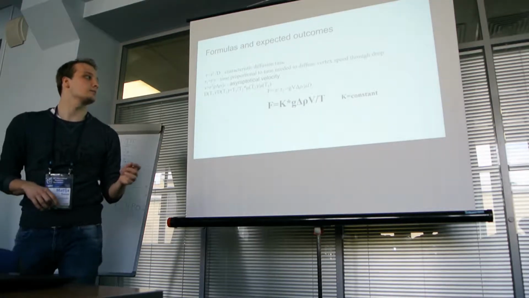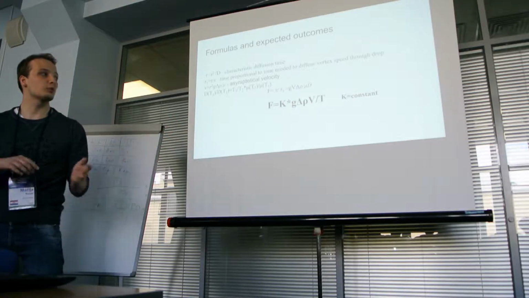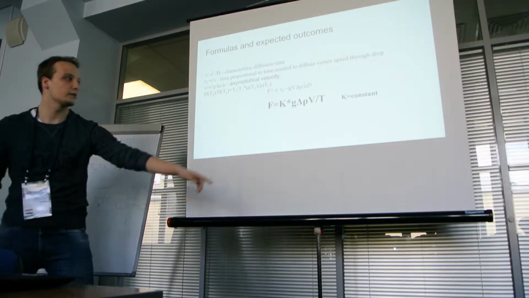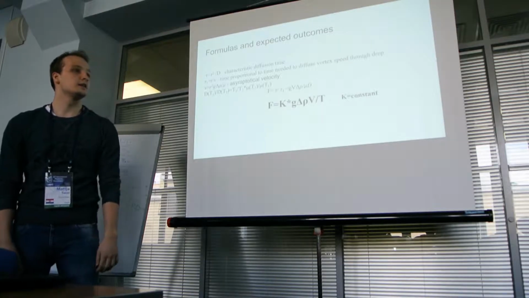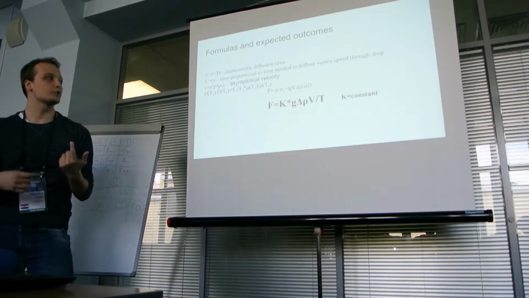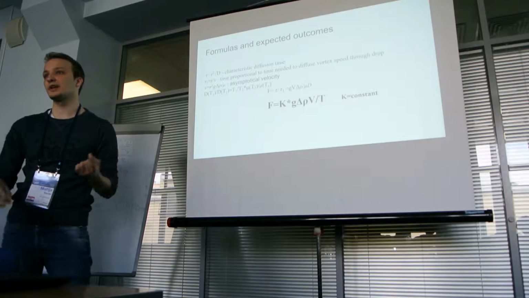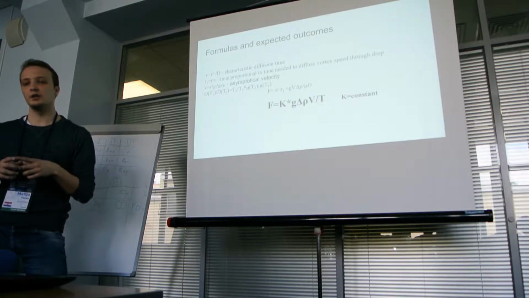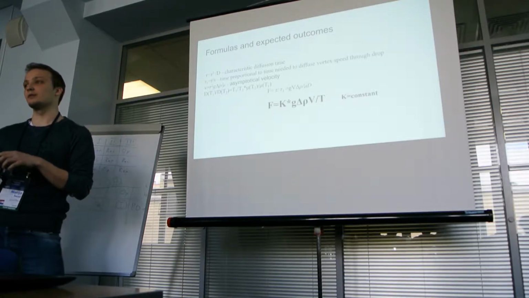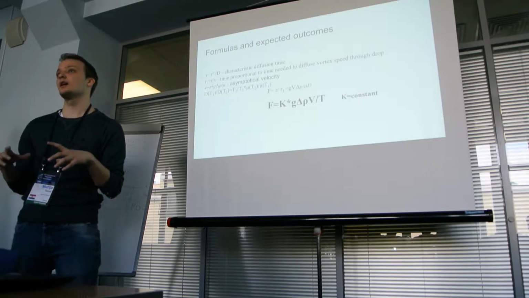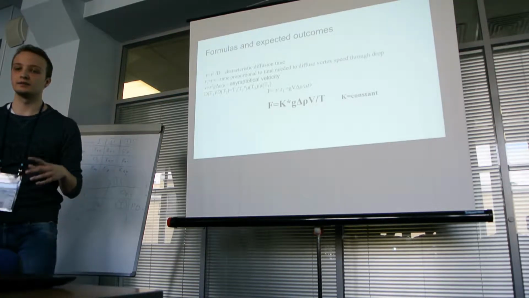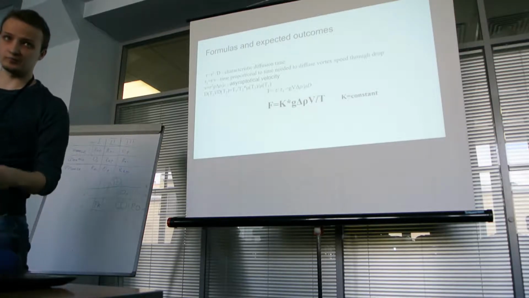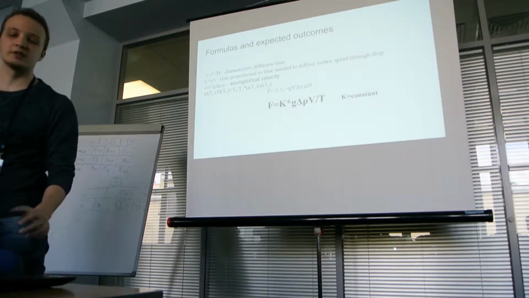And as we can see, f is proportional to the volume, V is the volume of the drop, and it's inversely proportional to the temperature of the water. So we expect that larger drops will have more fragmentations, and for higher temperatures we will have fewer fragmentations. And we experimentally tried to prove this.